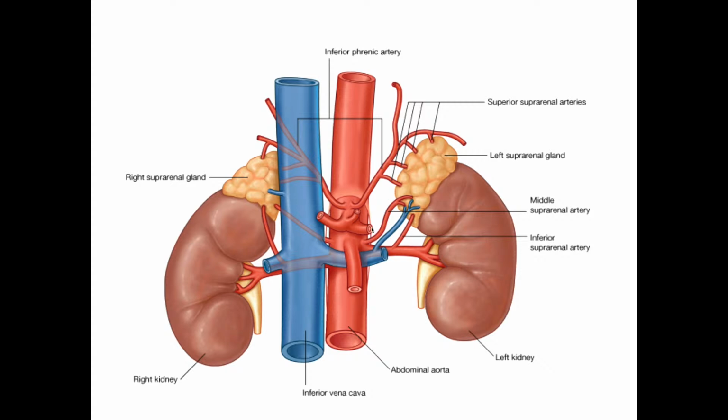We have the middle suprarenal artery, and from the renal arteries we have the inferior suprarenal artery. Okay? Do you have any questions? Do you want me to repeat this? Was it clear?